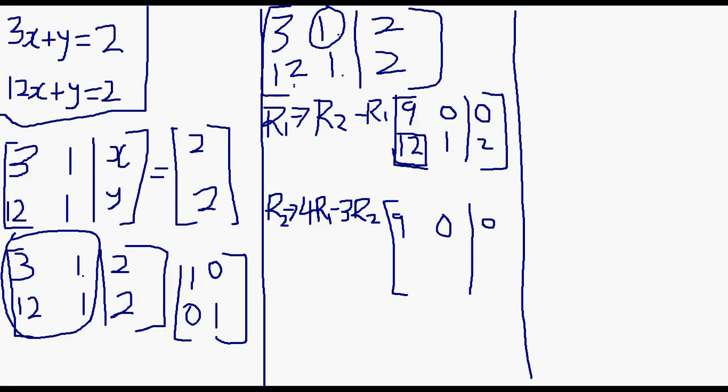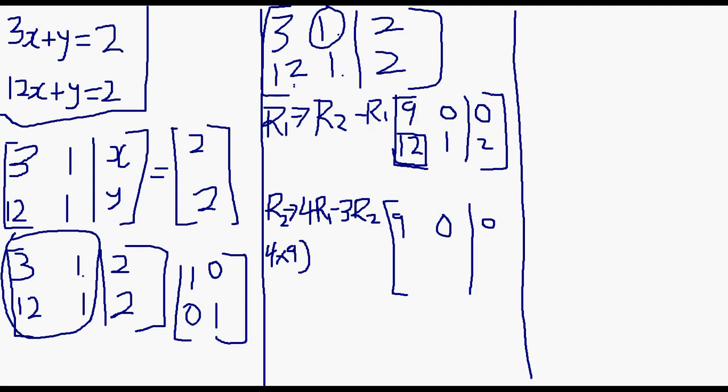Right. So now 4 times 9, which is the row 1 here.